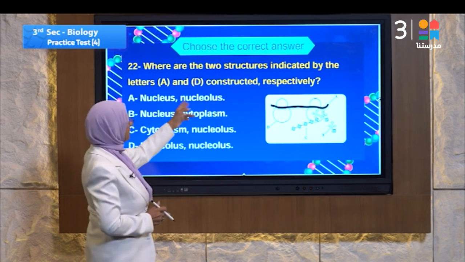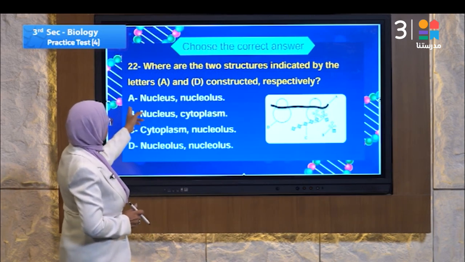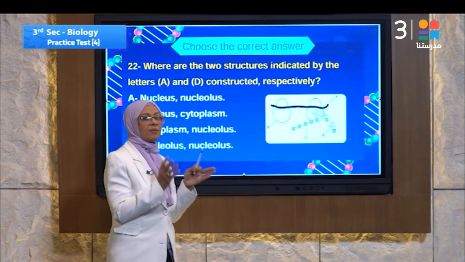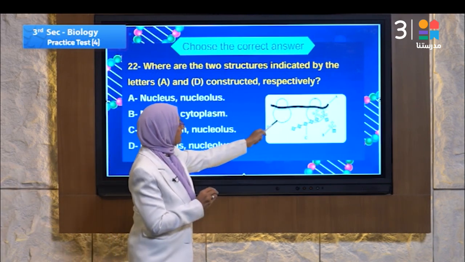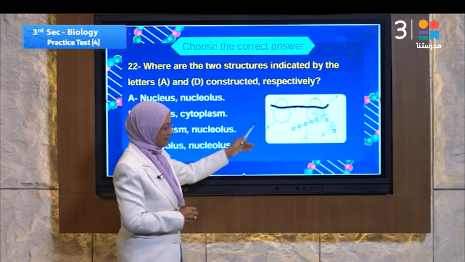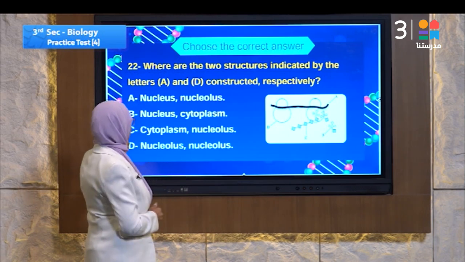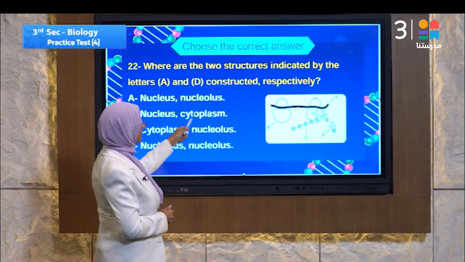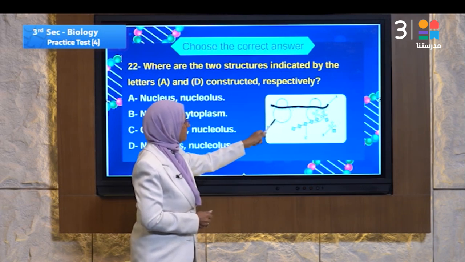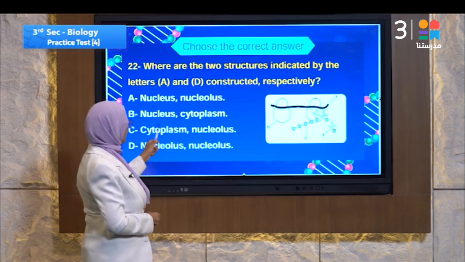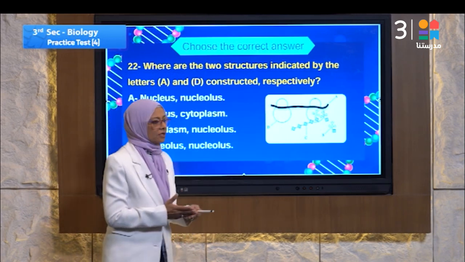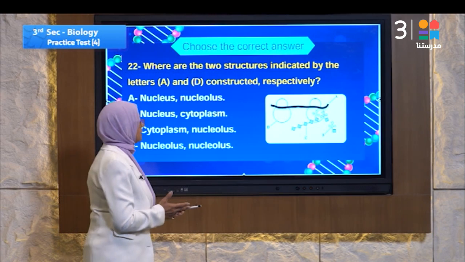Nucleus and nucleolus. First, A, found in the nucleus, or constructed, made in the nucleus. And the other one, D, in the nucleolus. Let's read all of them. Number B, nucleus, cytoplasm: A in the nucleus and the other in the cytoplasm, no. Cytoplasm and nucleolus: the messenger RNA isn't constructed in the cytoplasm.